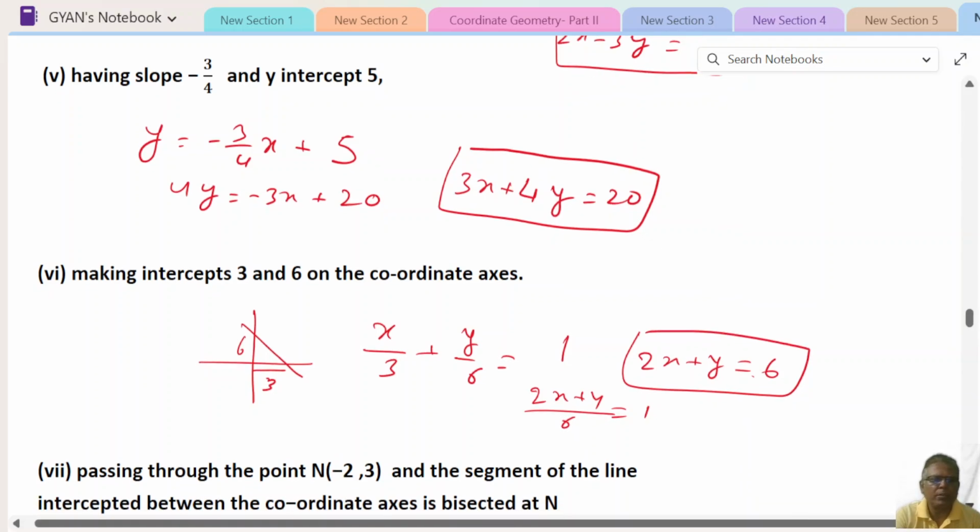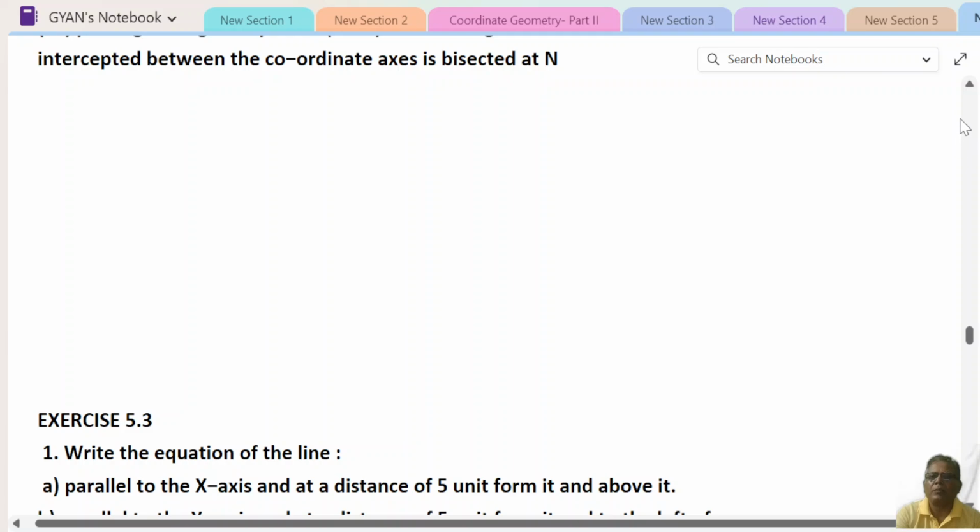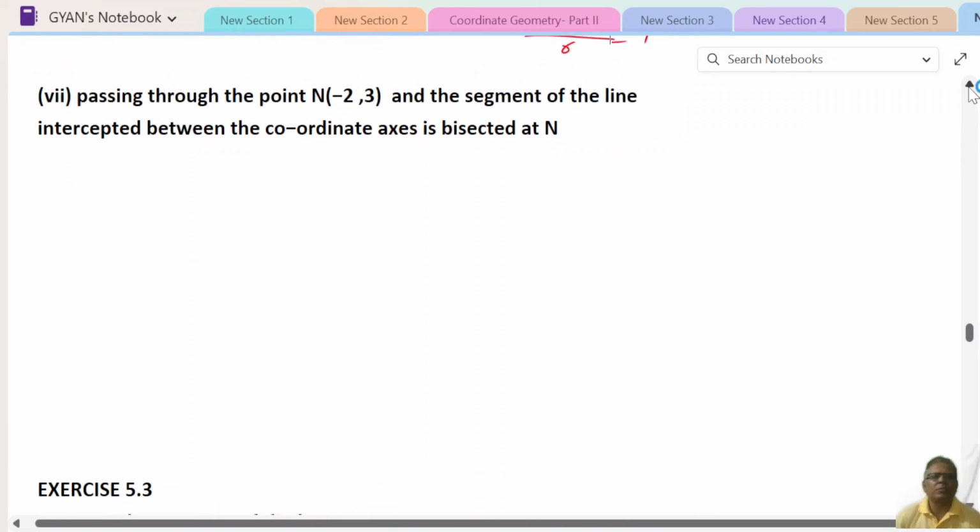Question number 7. This is the last question.